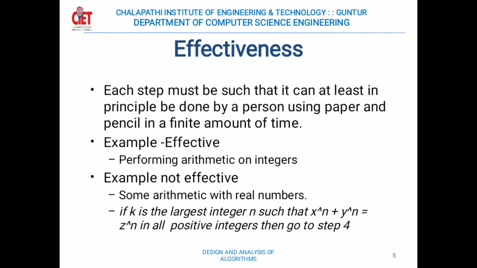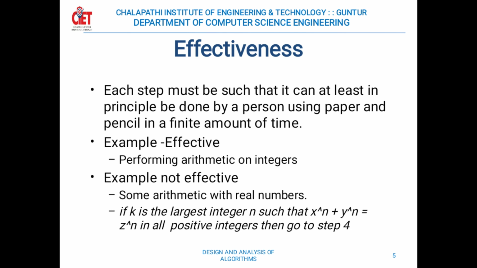It is easy to perform integer addition using pen and paper, whereas performing addition on real numbers using pen and paper is not easy, it is not effective. So effectiveness means the algorithm must be simple and easy for the user to carry out using paper and pencil. Then only we say that it is an effective algorithm.